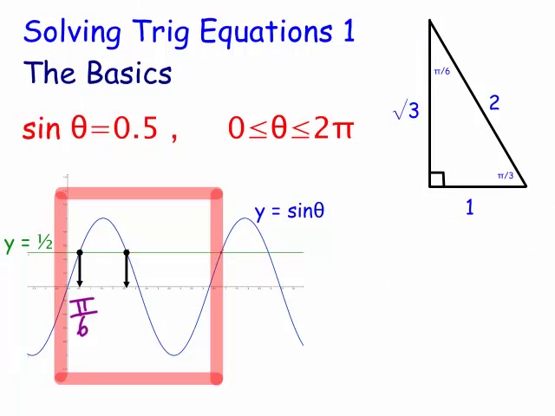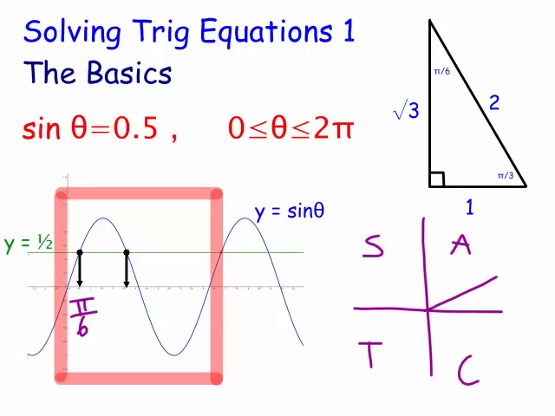Now, what I normally like to do is draw up an all stations to central diagram, and put in our rays. This is our theta ray, and this is our 180 minus, or in this case, a pi minus theta ray. Something else while we're here: if the domain is given in radians, we should give our solutions in radians.